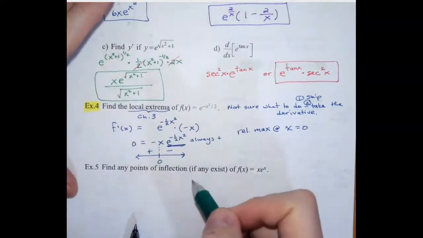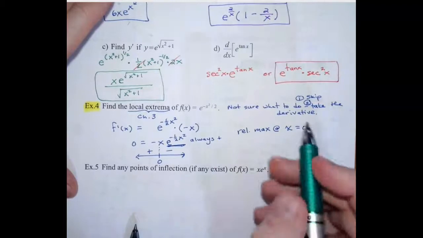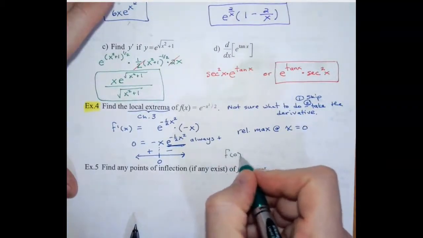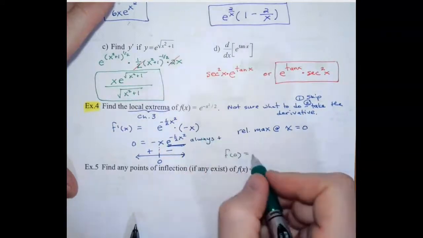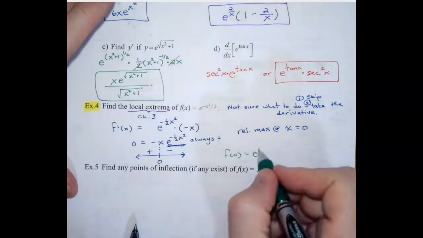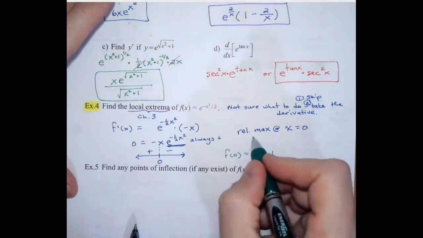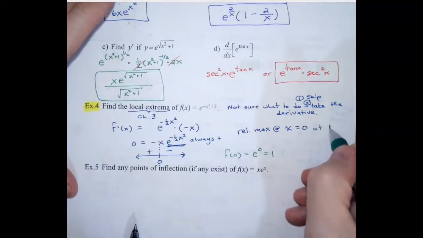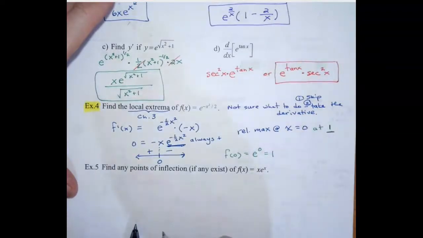So that would be the y value. So we want to go back and look at f of 0. So f of 0 is going to be e to the 0 power, which is 1. So relative max at x equals 0 is 1. So the answer to this question is actually 1.